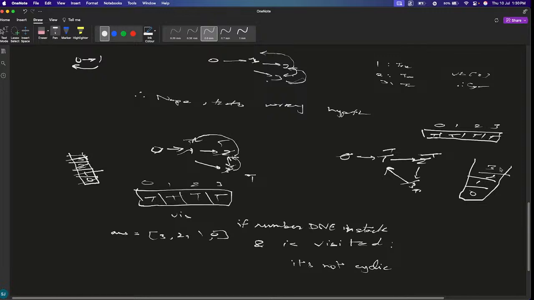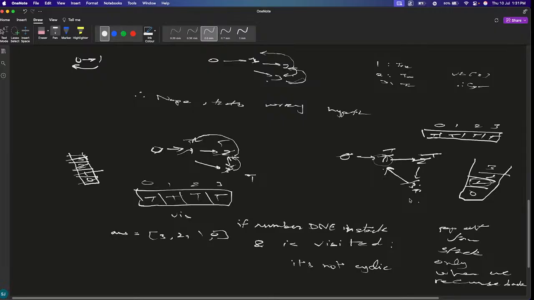Well, the thing is, we pop out from the stack only when we recurse back. So are we recursing back? No, we're going forward. We have put a for loop of 1, and then you see, hey, the 1 exists in the stack and it's going here, then it's definitely a cycle. That's it. That is it.